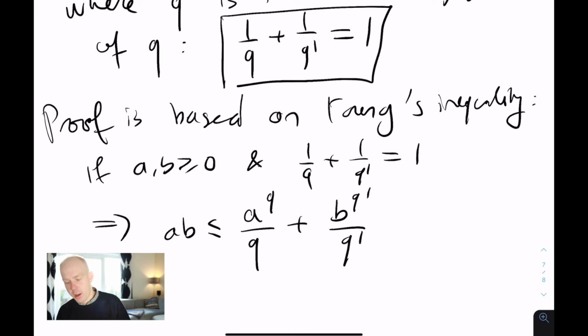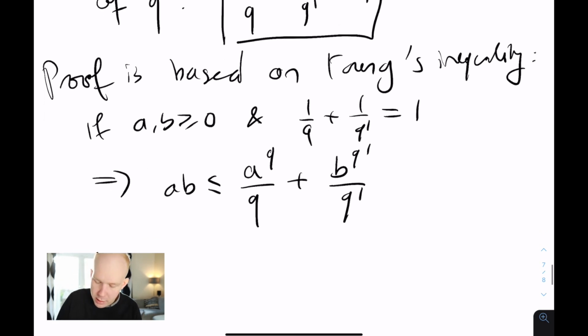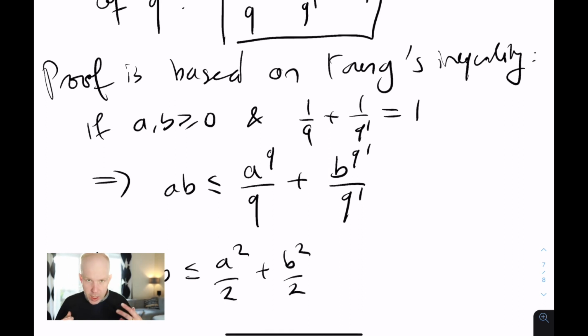Remember that in the case q equal to 2, you have a squared over 2 plus b squared over 2, which was the foundation for the Cauchy-Schwarz inequality. In the same way, you need this type of real number inequality to do this. I will leave the details of this as an exercise.